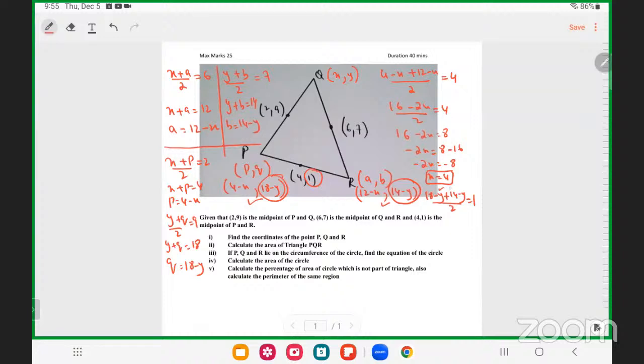So this will turn out to be minus Y minus Y, minus 2Y plus 14 plus 18, 32 is equal to 2. Minus 2Y is equal to 2 minus 32, that is minus 30, and Y is 15. So (X, Y) turns out to be (4, 15).